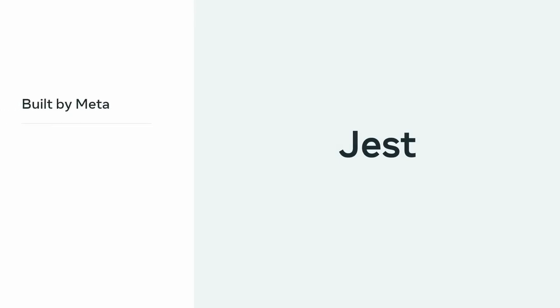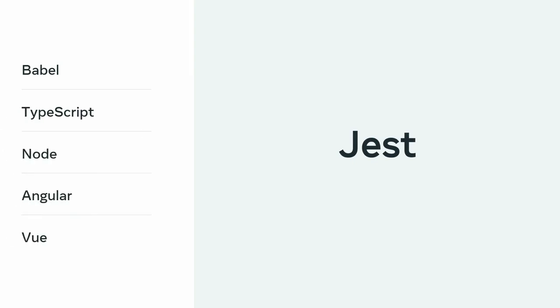It's often used for testing code like React, a JavaScript library maintained by Meta and a community of individual developers and companies. Besides plain JavaScript and React code, Jest allows you to test Babel, TypeScript, Node, Angular, Vue, and various other frameworks. Jest also supports code coverage.